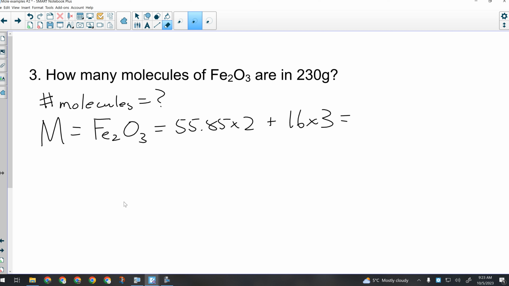Okay, 159.7 grams per mole. Okay, for our molar mass, and we're given 230 grams.